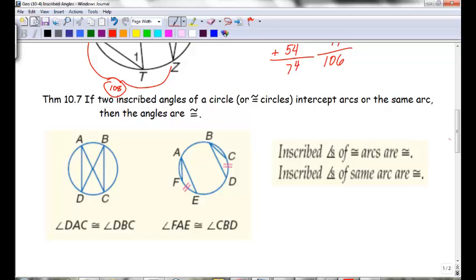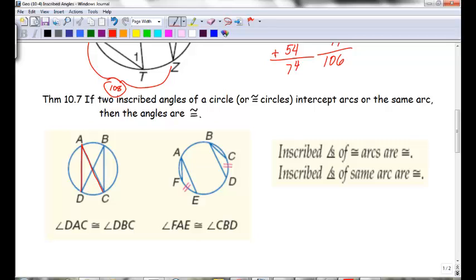Theorem 10.7. If two inscribed angles of a circle or congruent circles intercept the same arc or congruent arcs, then the angles are congruent. For example, look at DAC.